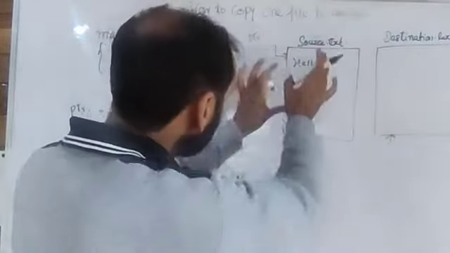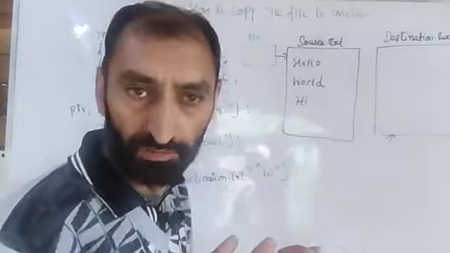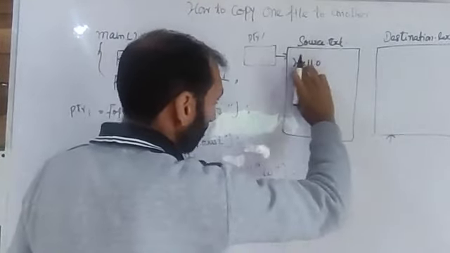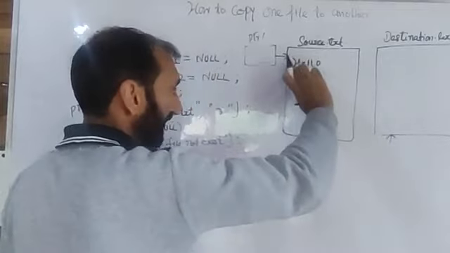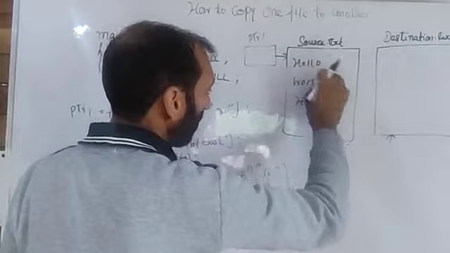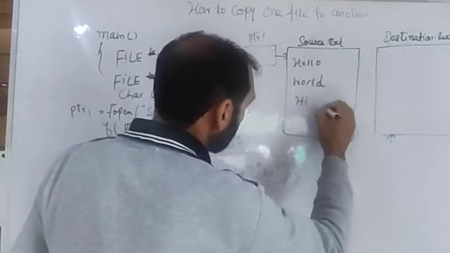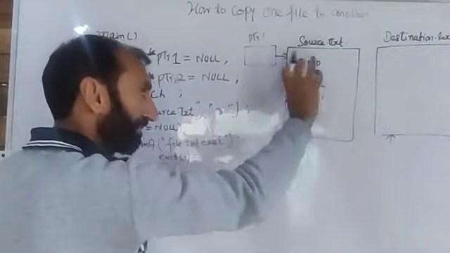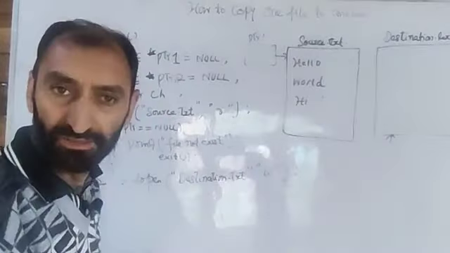So here I am going to use a while loop, because we want to copy the contents of this file character by character. First we will copy H here, then we will copy E, then L, then O, and so on until the end. We want to copy the contents of the source file from beginning to the end.